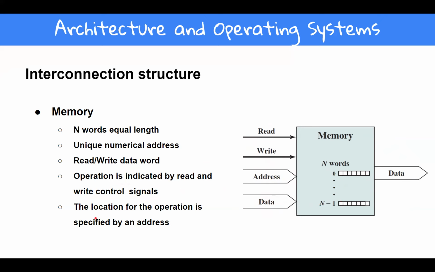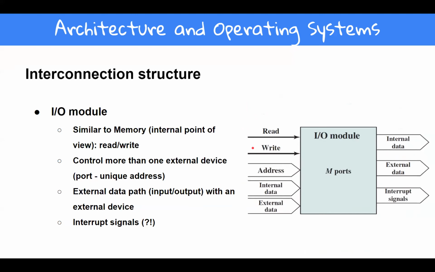So the location for the operation is specified by an address. So these are the main types of exchanges that happen in memory: data, read and write on the memory, specifying the address, and sending a signal whether to write or read. So for the memory, we need these three types of exchanges.